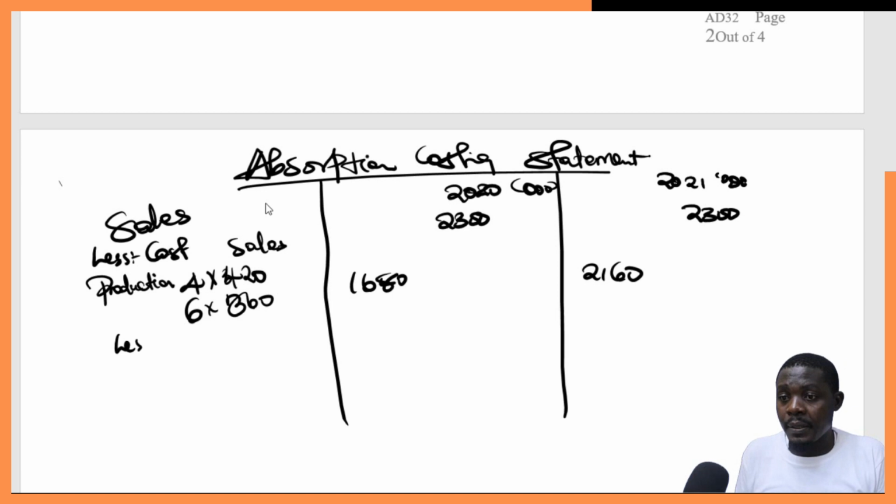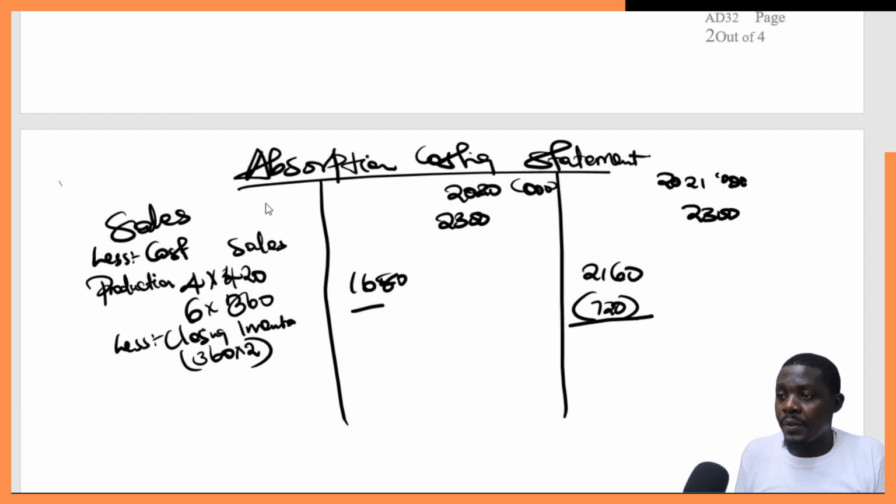Then less closing inventory. Remember, here was dash, and then here we had 360. We are multiplying by closing inventory of 2,000, which is equal to 720.